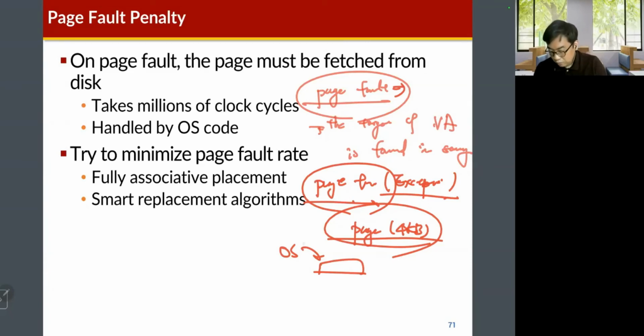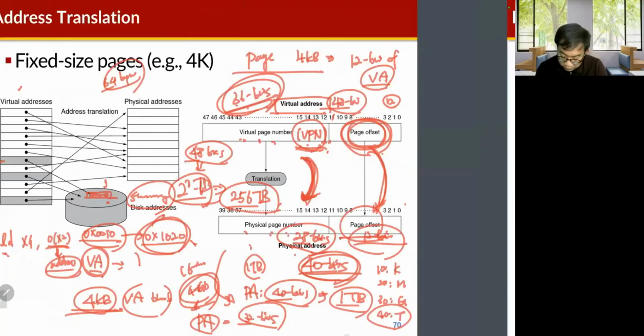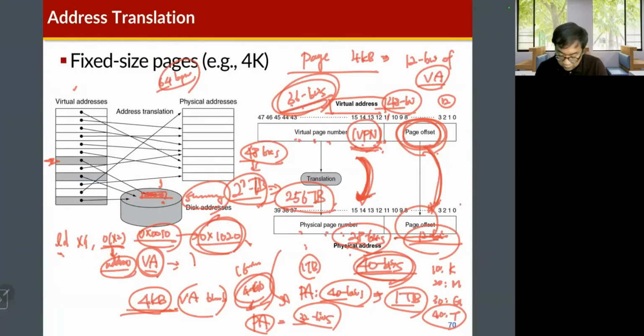So the exception is detected in this case, and the page fault handler is called by the code. The data on the hard disk drive is transferred to the main memory, and the existing data is also transferred to the hard disk drive. This process is called swap.